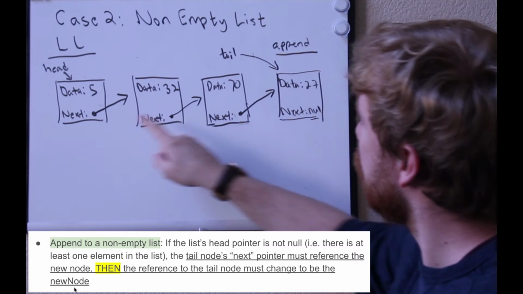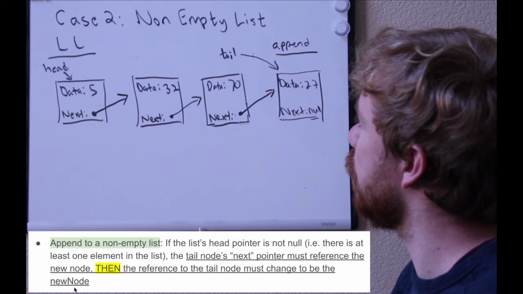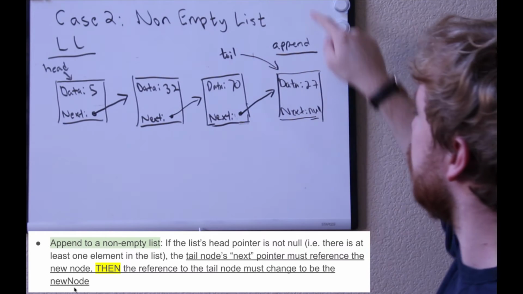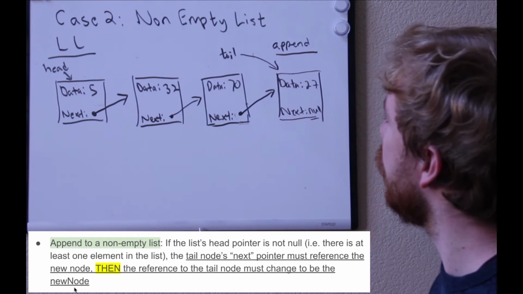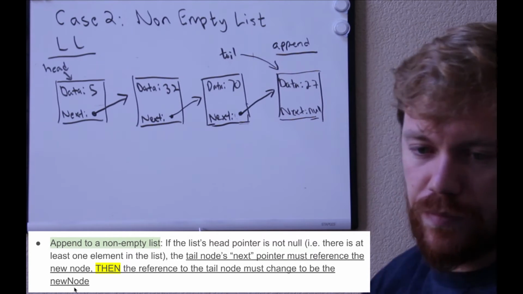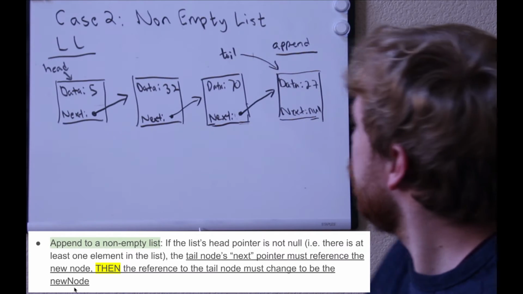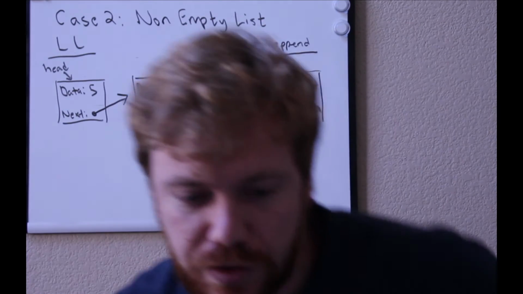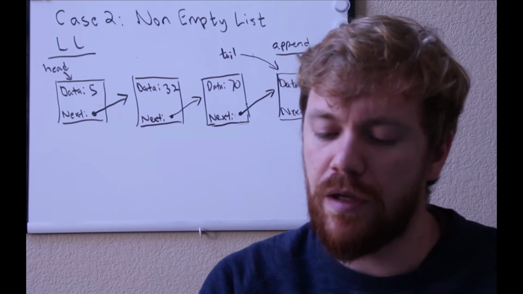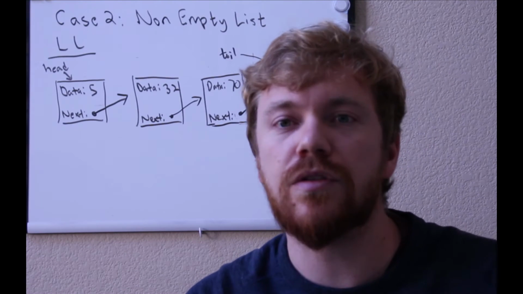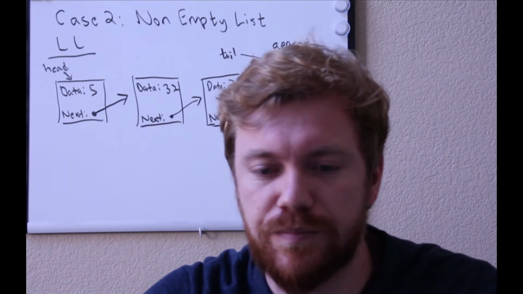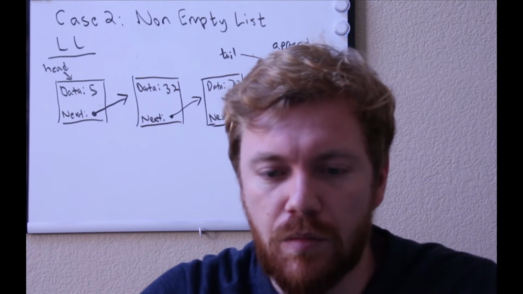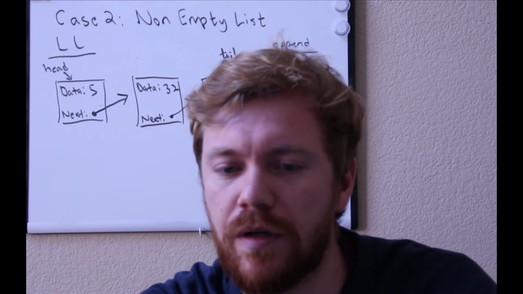Our chain exists between the different nodes. The head is the first node and the tail is still the last node. And we've appended this new node. All right, so that's it for case 2. And that's it in terms of the cases you need to worry about for appending to a linked list. We'll go ahead and look at the code for that now.